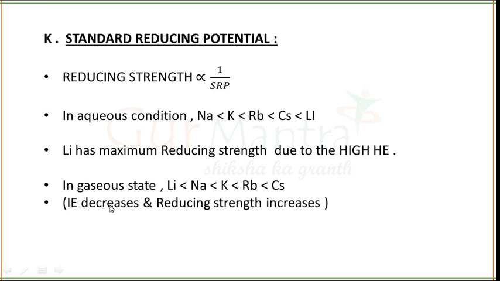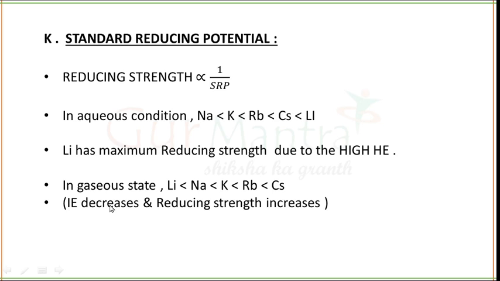Next, standard reduction potential. All the alkali metals have high positive value of standard oxidation potential. Standard oxidation potential means tendency to release electrons in water or ionic solution. So these are good reducing agents, having the uppermost position in the electrochemical series.